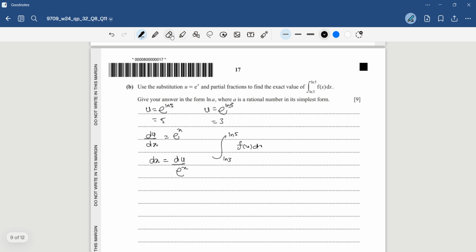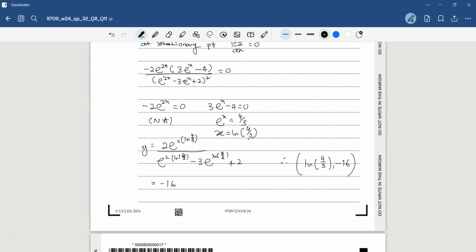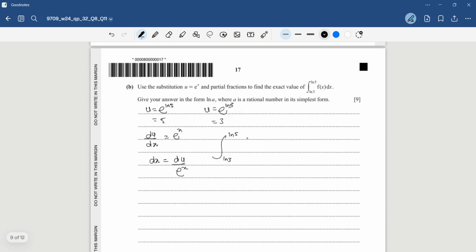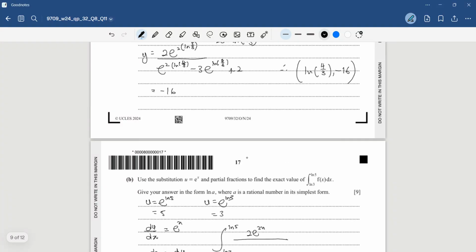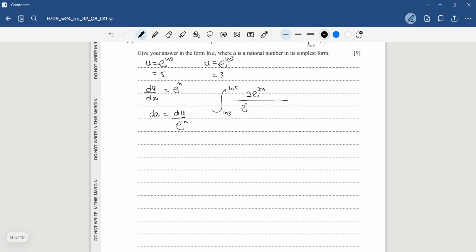So I can substitute back the equation. My f(x) is actually 2e^(2x) over e^(2x) minus 3e^x plus 2 dx.